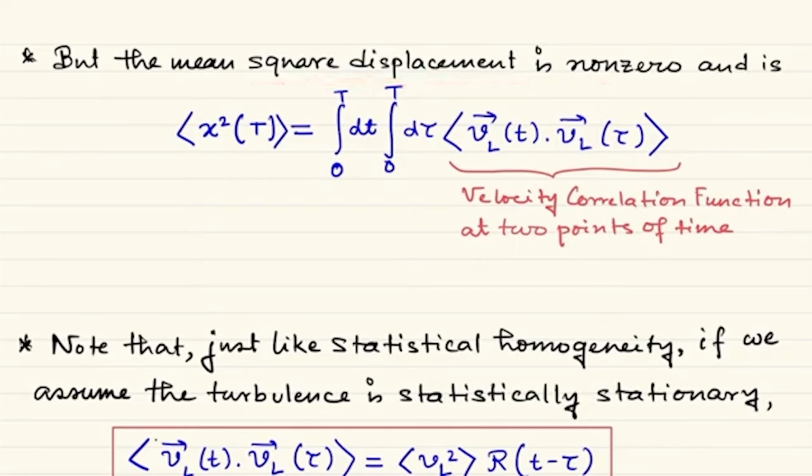And this is given by this angular bracket x square, which is also a function of capital T, and that will simply be equal to a double integration.